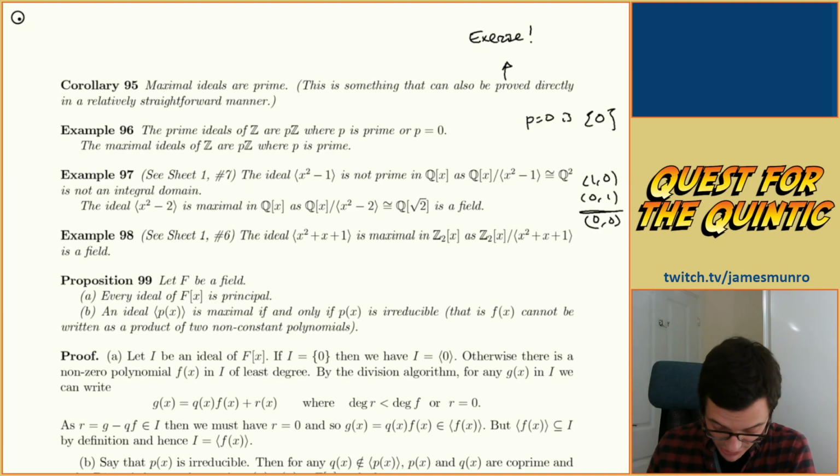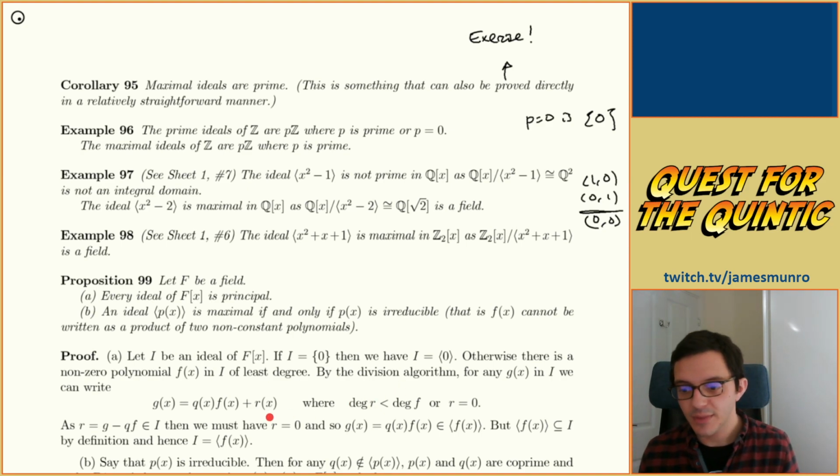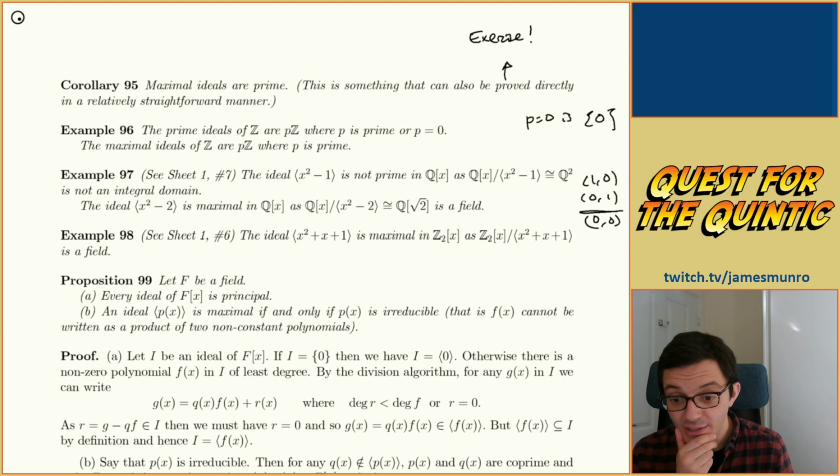Oh, here's the division algorithm. So this is Euclidean division, where you divide and have a quotient and a remainder. Okay, so you run that down until you get, ooh, as R is in Q minus Q, we must have R equals 0.